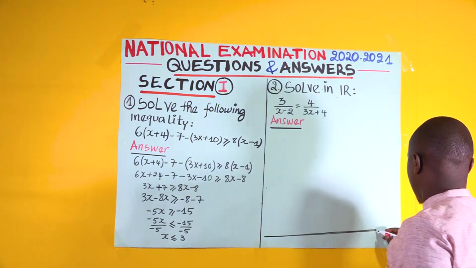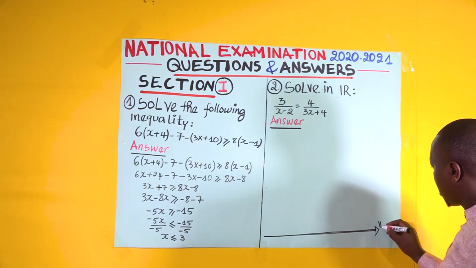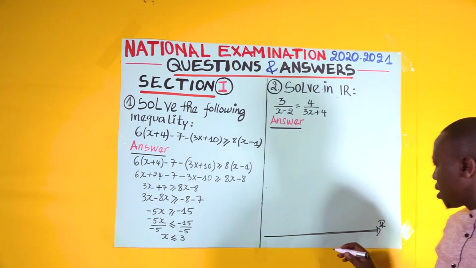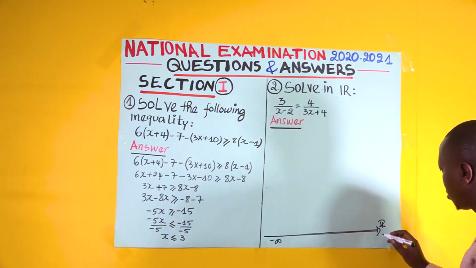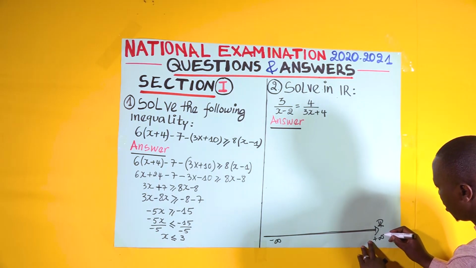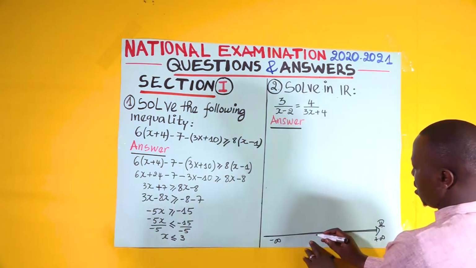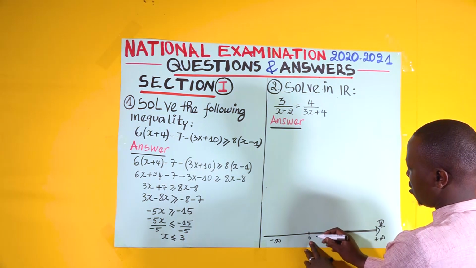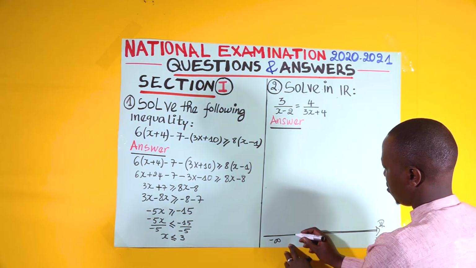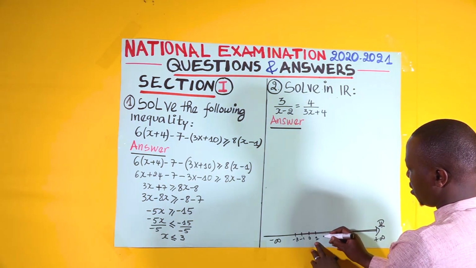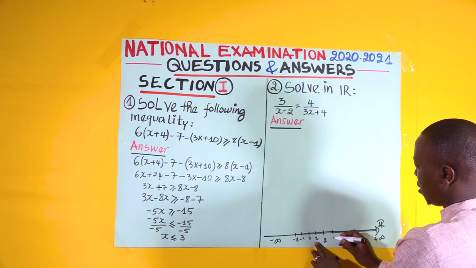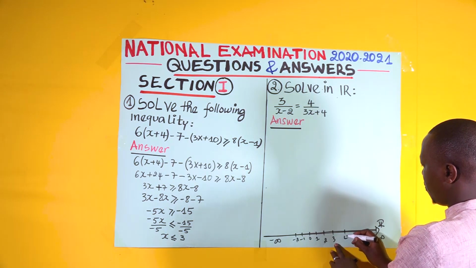It's a number line, and this is the set of real numbers. It starts from negative infinity to positive infinity. So we have 3. Here is 0, negative 1, negative 2, 1 here, 2 here, 3 here, here is 4.